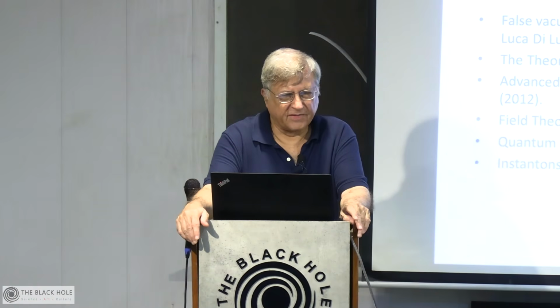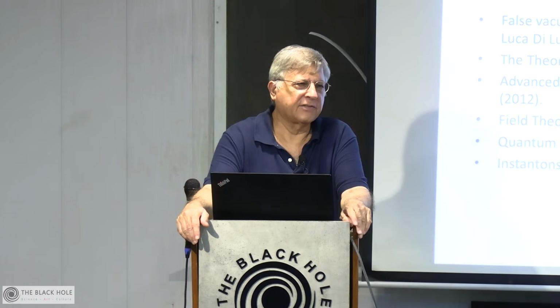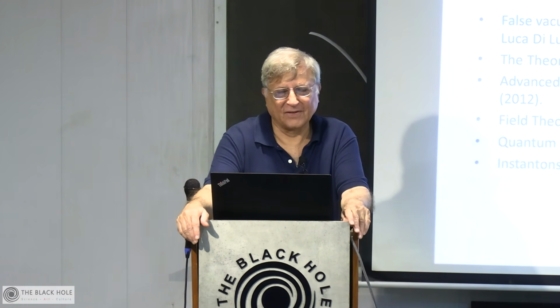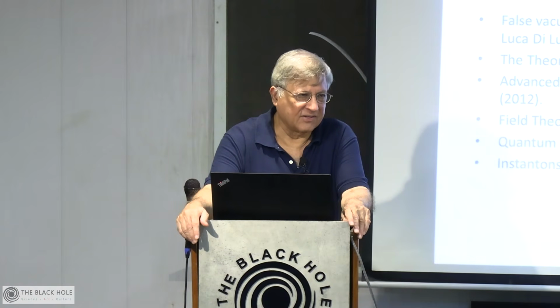Well, look, there are all sorts of things in lattice gauge theory, and I know very little about it. But you have kinks and vortices and instantons and all kinds of domain walls which can be made to exist on the lattice.